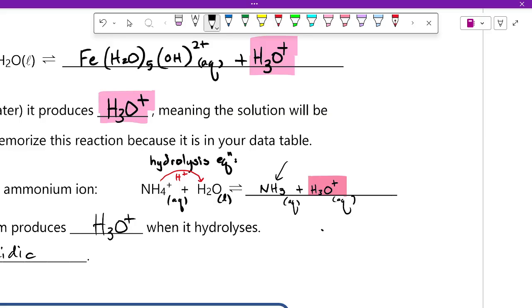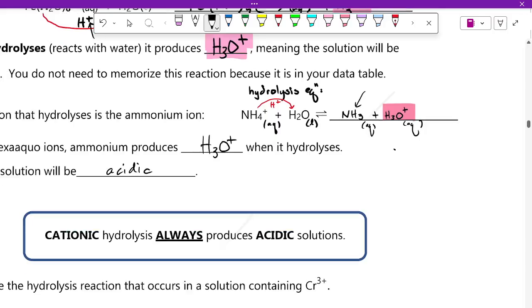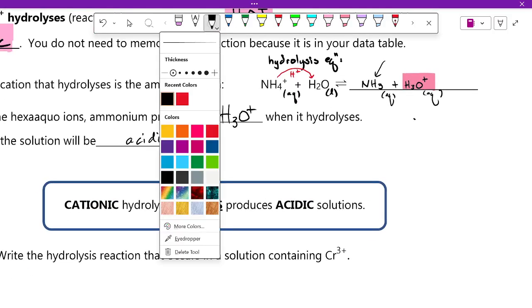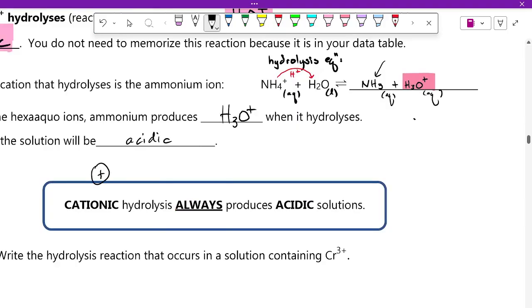But just because you have HCl, because it produces its conjugate base, that does not mean the solution is basic. It just means that you've made the conjugate base. Cationic hydrolysis, so positive ions, always produces an acidic solution.